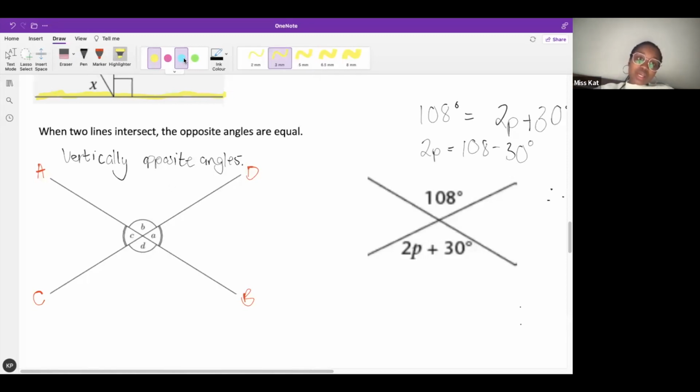What I was saying is C is the one that's opposite to A. They have to be directly opposite each other, and B is directly opposite to D. Does it necessarily mean that A is equal to B? No, it doesn't necessarily mean that. Only the opposite ones are equal. So the one facing A is the one opposite: A and C, and then B and D, because they're facing each other.